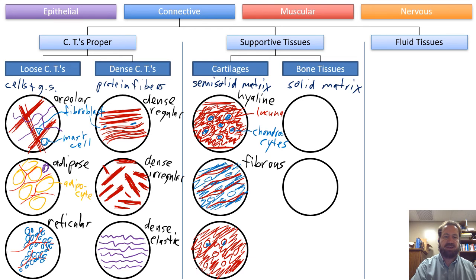Okay, but this time we see little purple squiggle fibers running, usually all running in mostly one direction around the lacunae. Okay, those are elastic fibers, and so the name of this tissue is elastic cartilage. Sorry, I should have labeled these. These are collagen fibers.